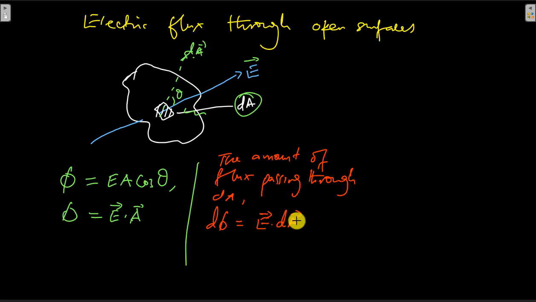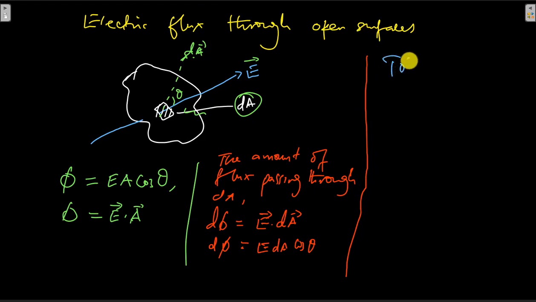So all these are vectors, which I can write as E times dA times cos theta. That's d phi.